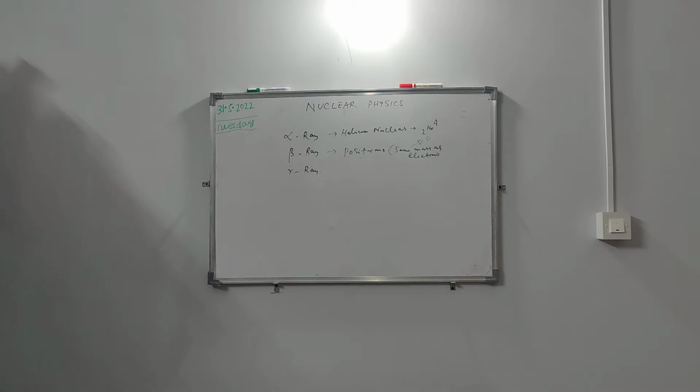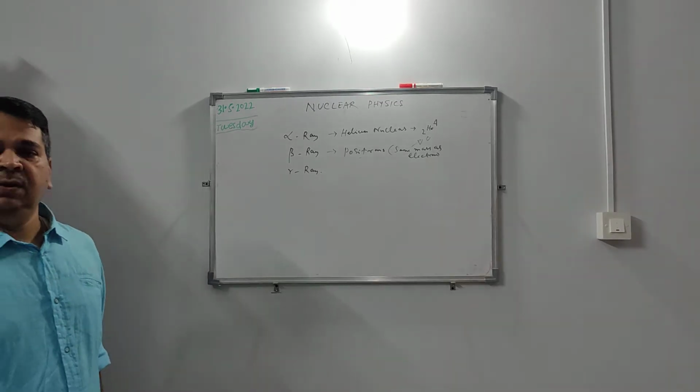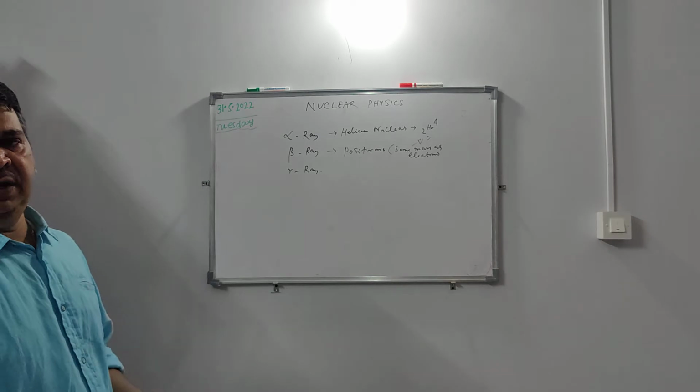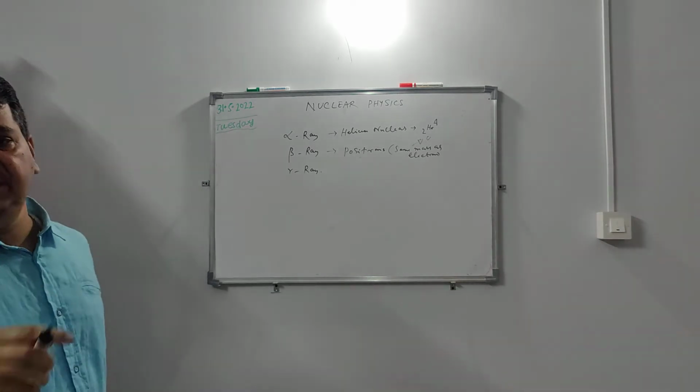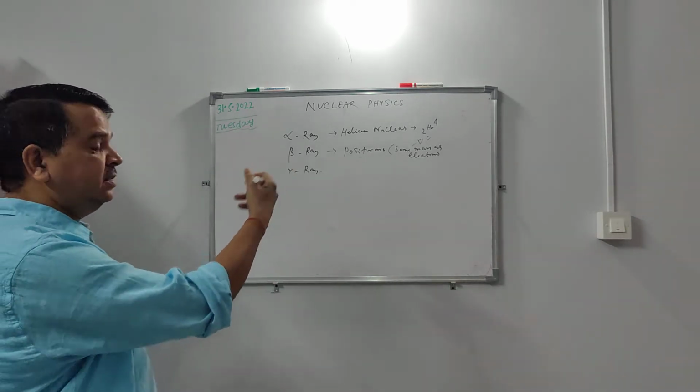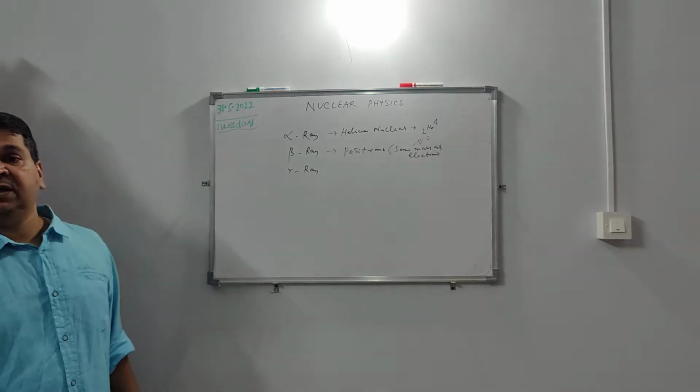So when a beta ray gets emitted, your atomic number will increase by one, but mass will remain the same because it's a positron which does not have any mass.